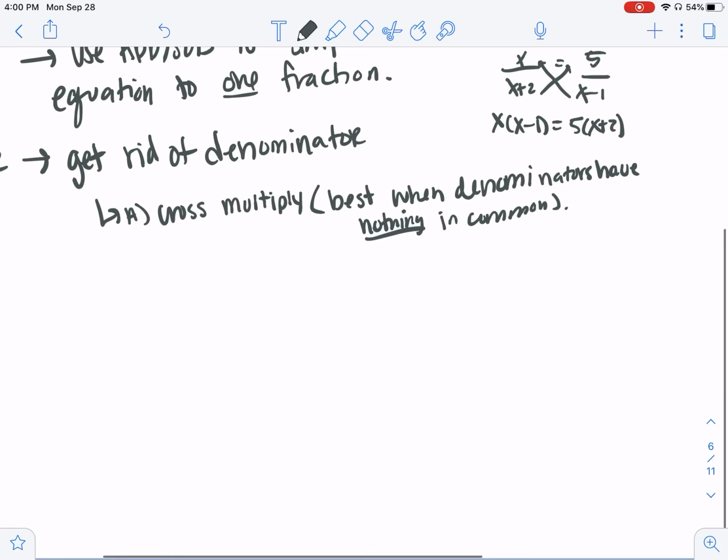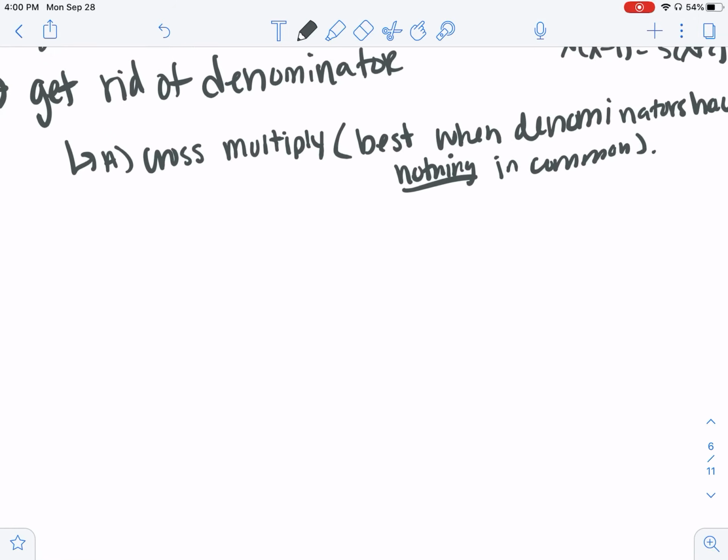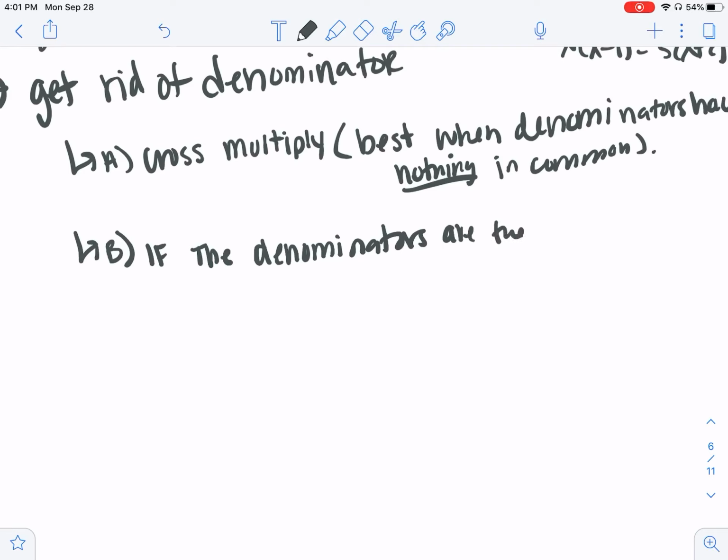So the hint there is, what about when they do have things in common? If they do have things in common, we can use part B, which says if the denominators are the same, set numerators equal to each other.